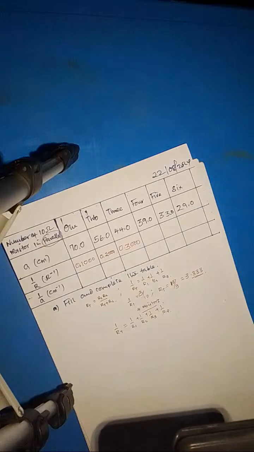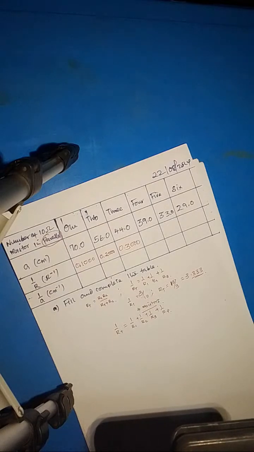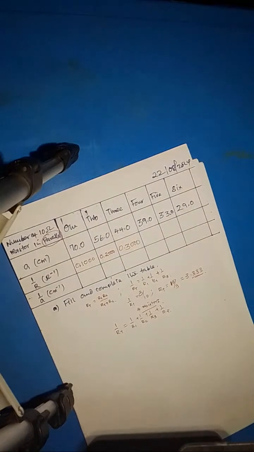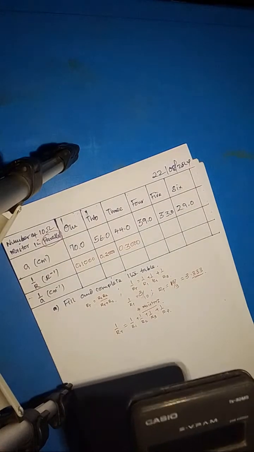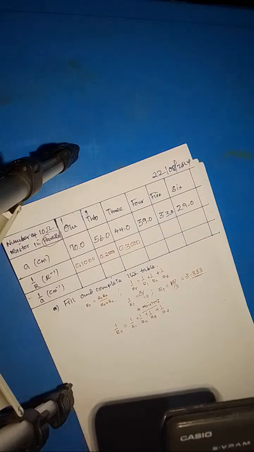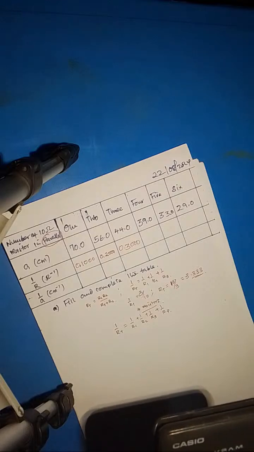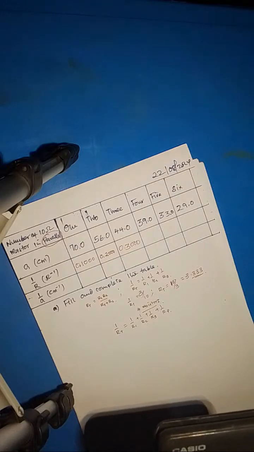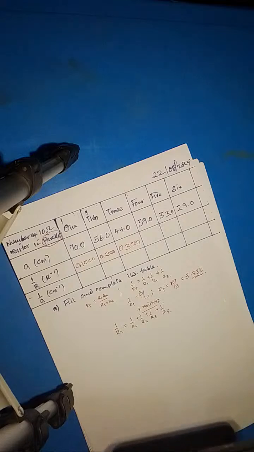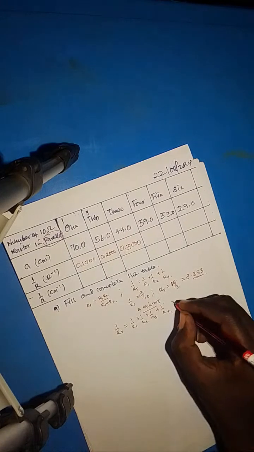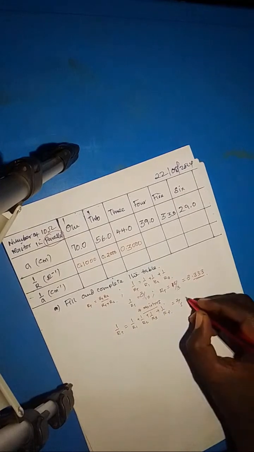Each resistor is of 10. And when it is of 10, then I'll say 1 out of 10 plus 1 out of 10 plus 1 out of 10 plus 1 out of 10. I'll simply get 2 out of 5.